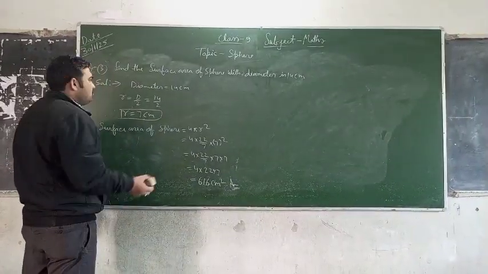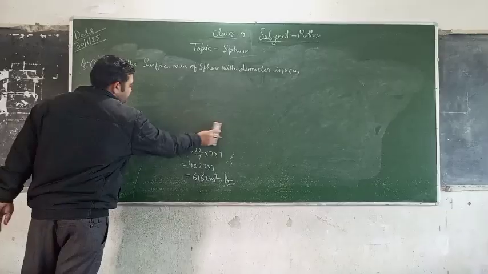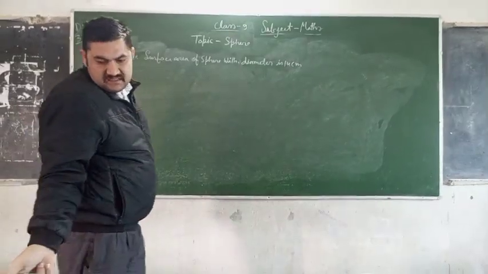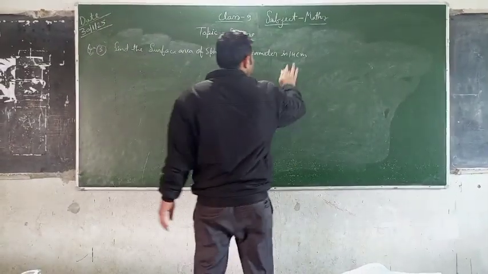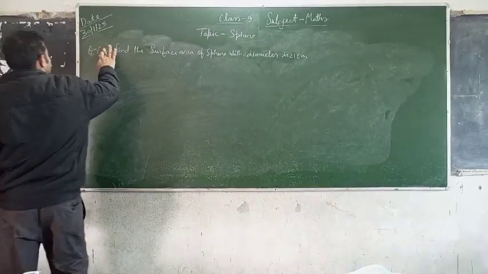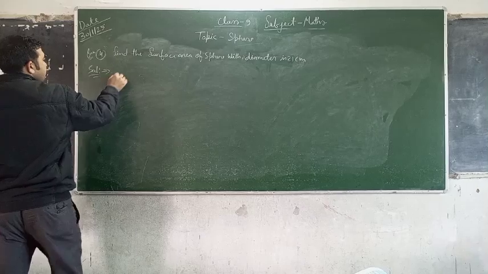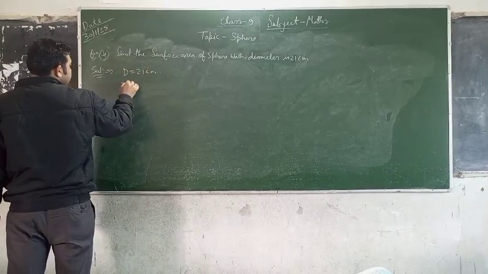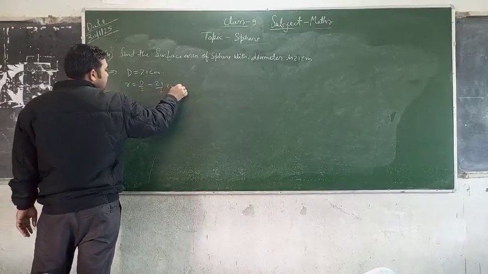Now the next question, question number 4. Again, diameter is given, and diameter is 21 centimeter. Solution. Diameter is 21 centimeter and radius is d by 2, that is 21 by 2 centimeter.